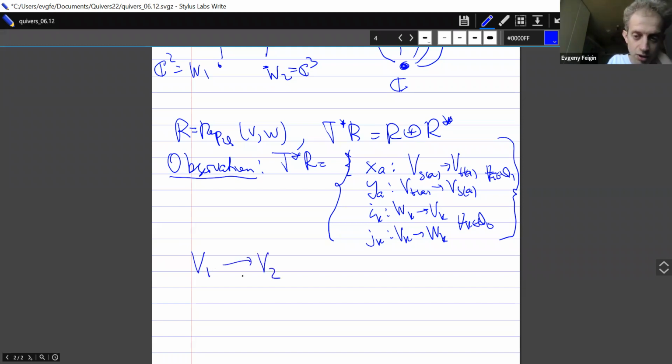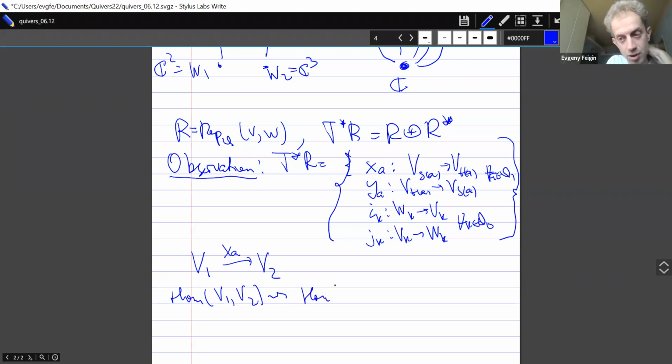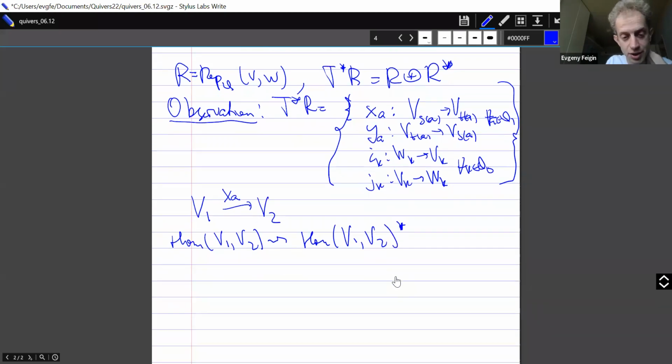This is our map X_a, a homomorphism from V1 to V2. Now the dual is Hom(V1, V2) star. This homomorphism space is the tensor product V1 star tensor V2.